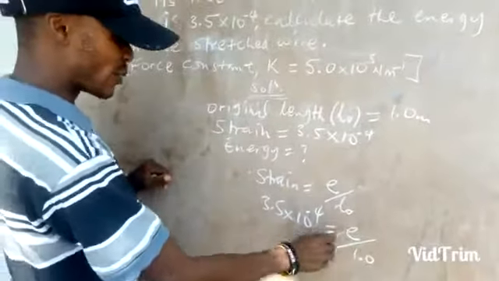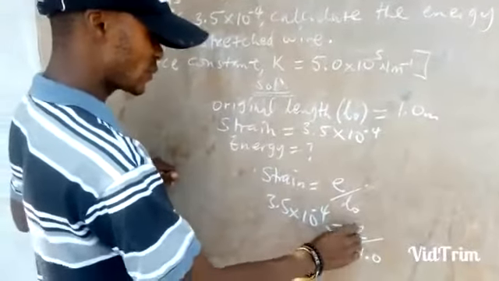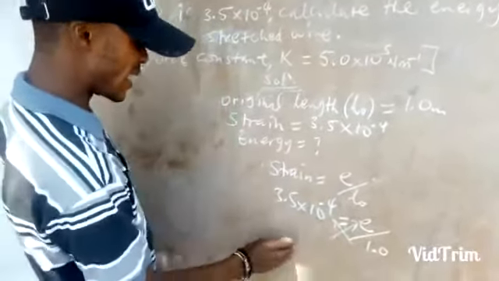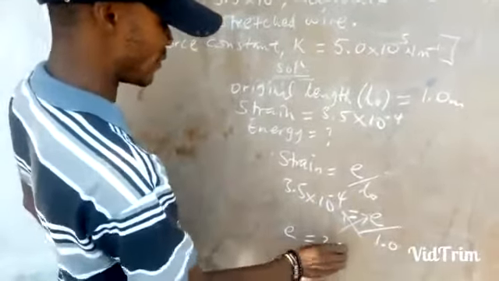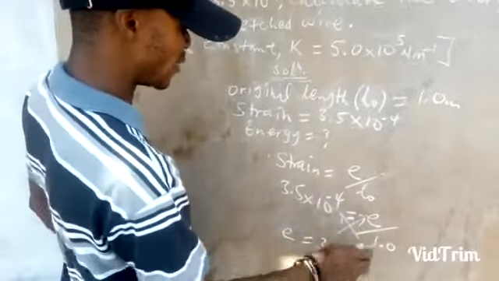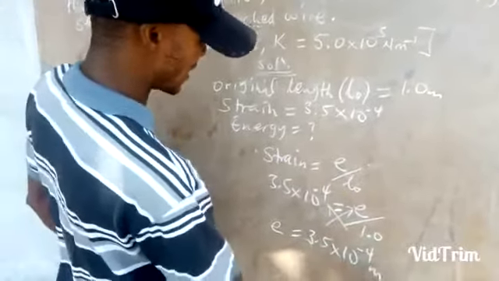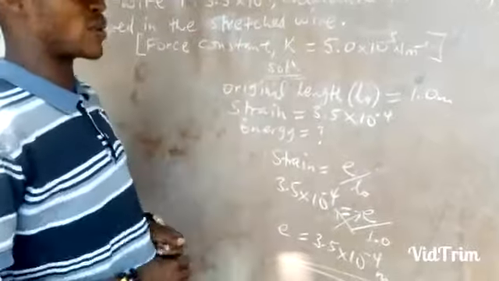So when we cross multiply, extension equals 1 multiplied by 3.5, the same as 3.5 times 10 to the power minus 4. Extension is in meters. That is the extension of that particular material.